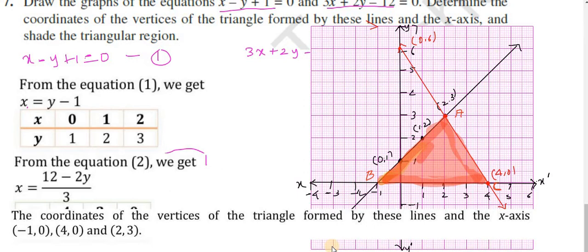Okay, so we'll see the next exercise, the next method of solving a pair of linear equations in two variables. As I told you, so far what we did is the geometrical or graphical method of solving a pair of linear equations in two variables. Now we'll move on to the substitution method.